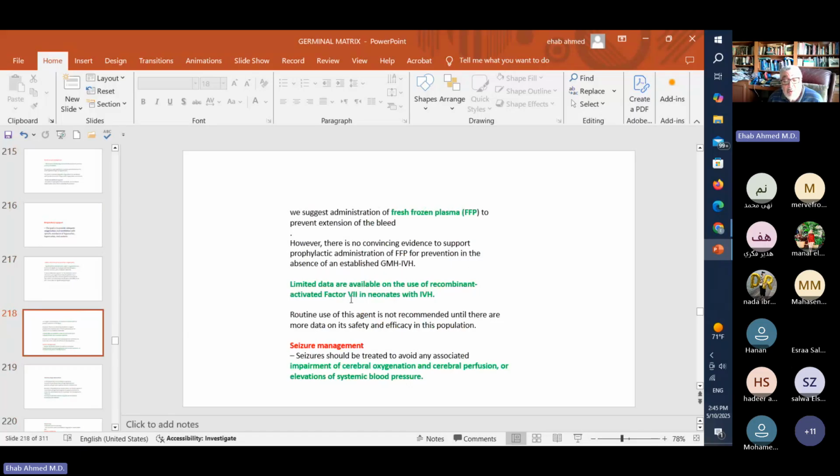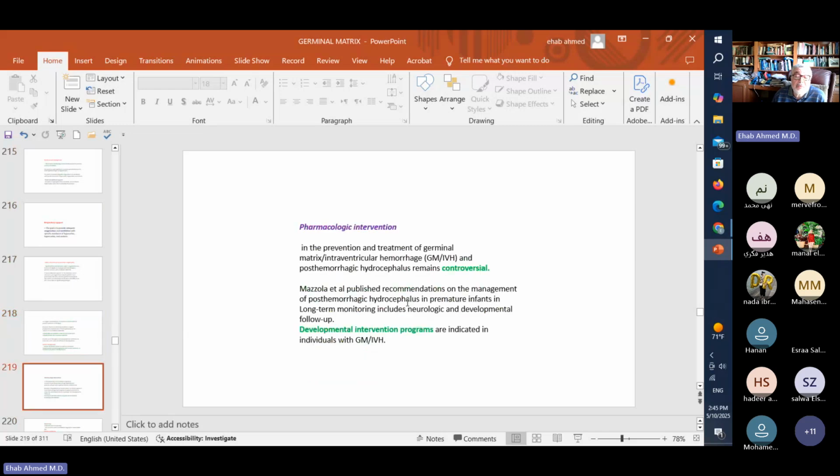Limited data are available on the use of recombinant factor 7. Same story. It has little or no value unless there is evidence of coagulopathy. Also, you have to manage seizure, and we are not going to talk about that. We discuss seizure in another presentation.